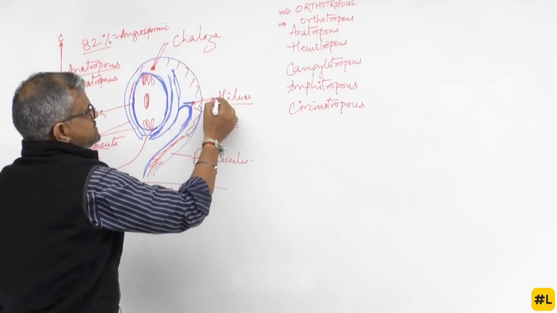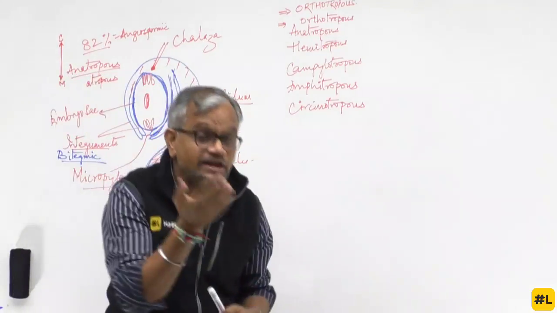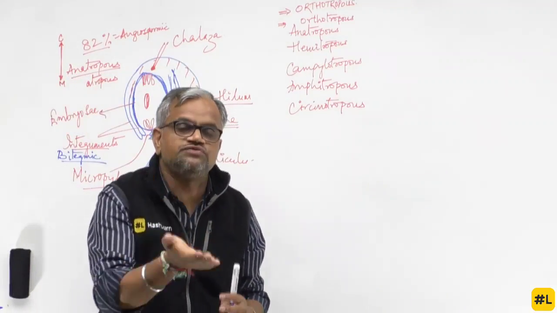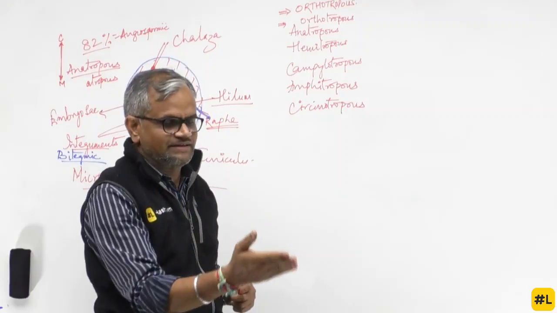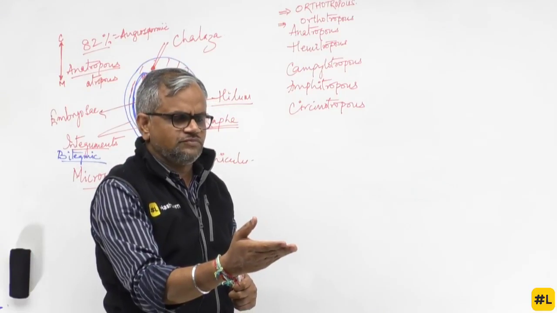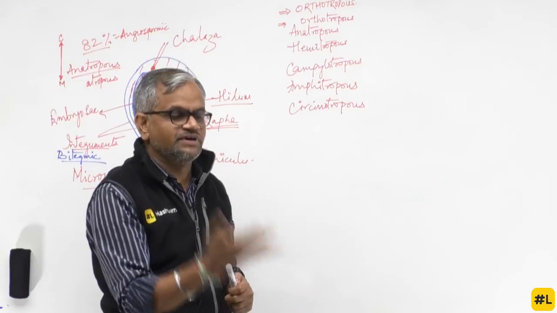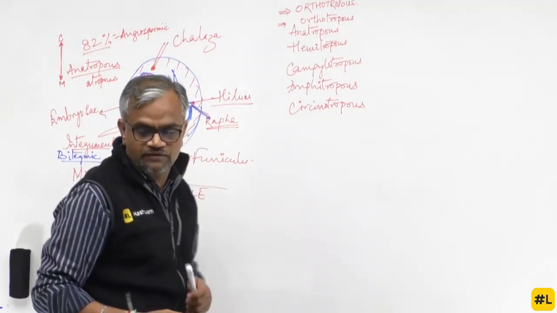This point is raphe, a bridge between funiculus and the base of an ovule. Orthotropous, I think Nisarga told, hilum is absent. Yes. What is orthotropous? I'll go one by one to explain it.